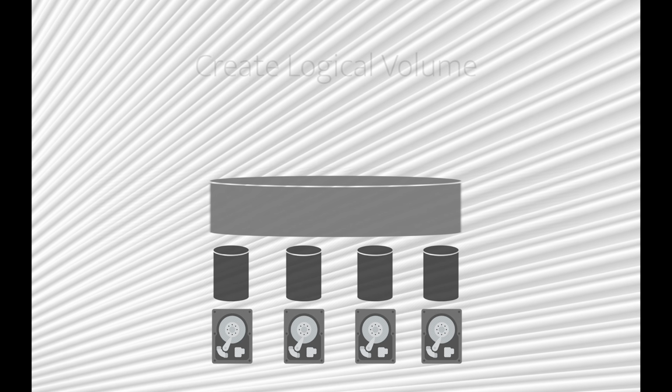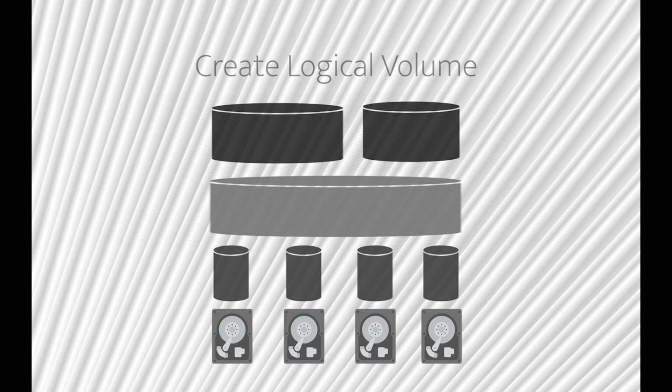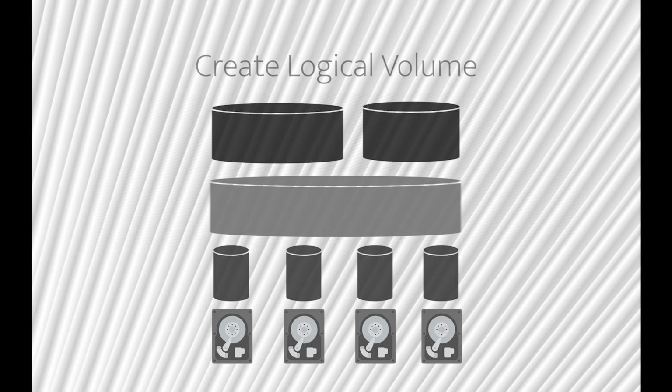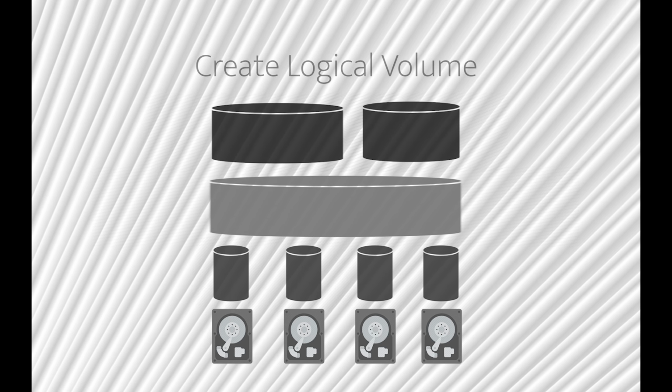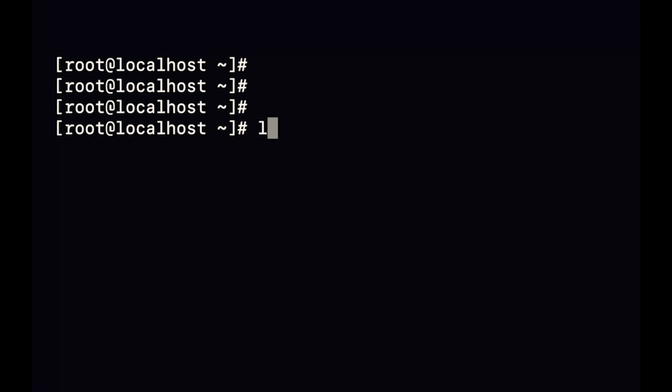The third step is to create the logical volume. The logical volume is very similar to a partition. It can be formatted with a file system and then can be mounted so users can access it. So we'll type lvcreate -n to indicate the name for the logical volume. We'll call it lv2.